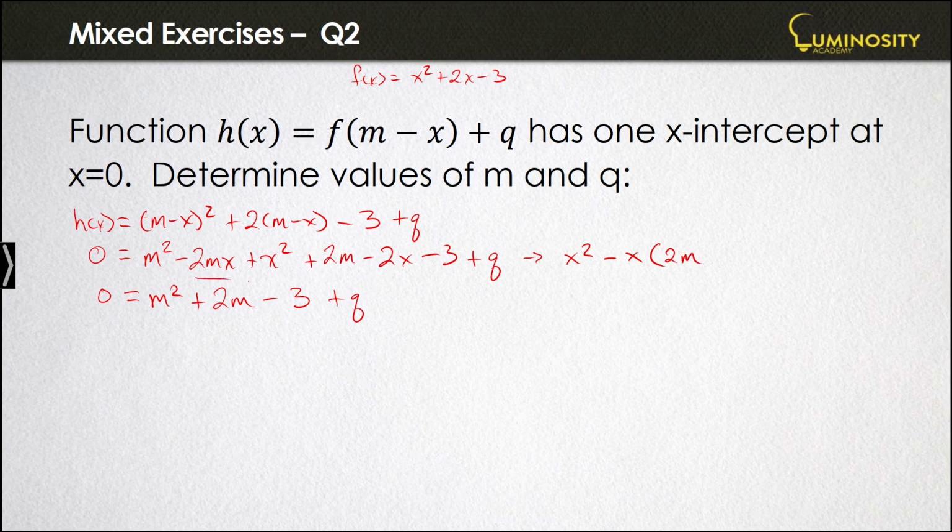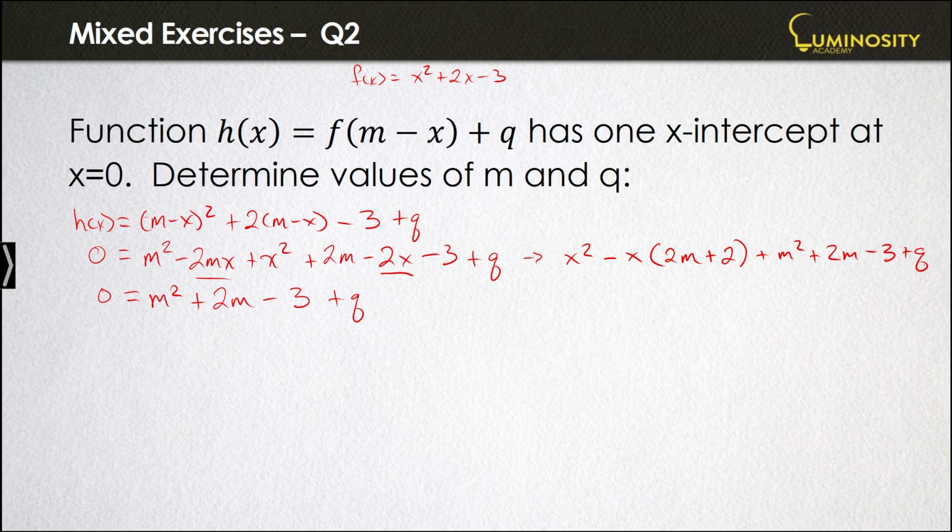And then over here, instead of it being minus 2x, we're going to have plus 2. And then we have the rest of this. So plus m squared plus 2m minus 3 plus q. So this just puts it into a format we're familiar with. You have an x squared term, an x term, and your constants. So your constants are going to have to match up and add up to 0.